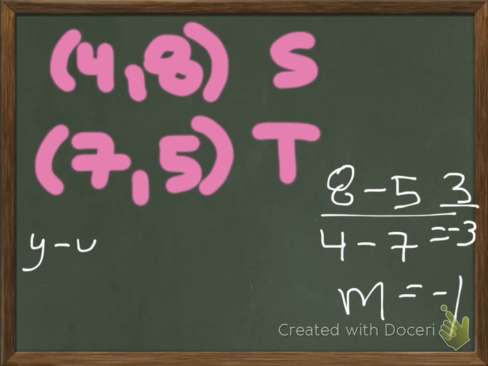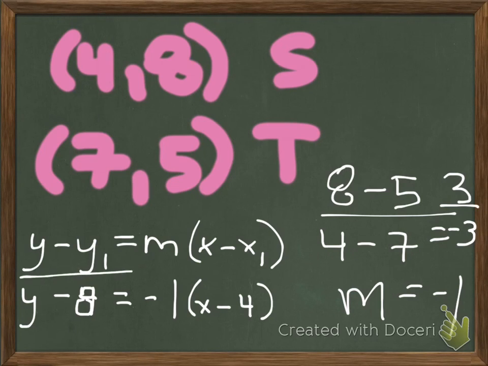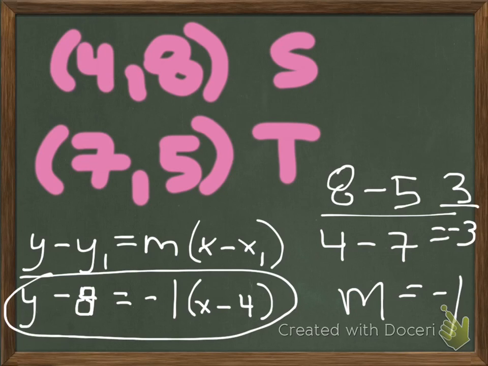If I'm using point-slope form, that's going to go in for m. And then I'm going to pick a point. Let's say I pick 4, 8, and I'm going to plug in the 8 for y sub 1, which is your y coordinate. The slope is negative 1, so that goes for m. And then the x coordinate is going in for x sub 1, which is 4. So this would be my final answer.